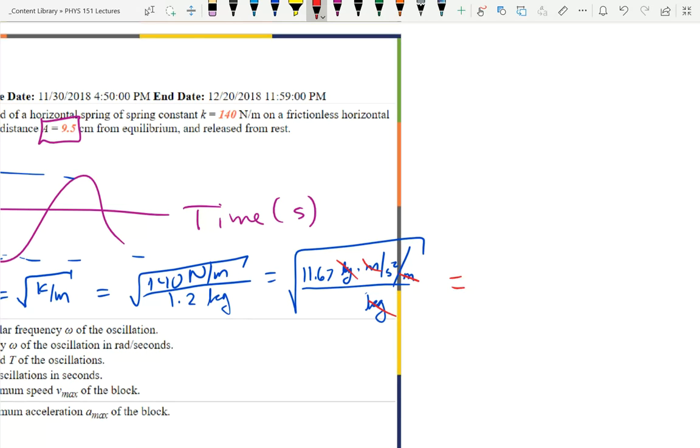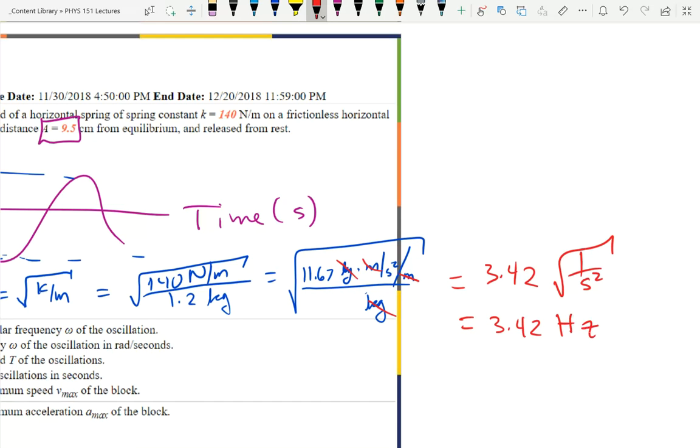And so I'm left with the square root of 11.67. What's that, since you have 11.67 in your calculator? And then the square root of 1 over second squared.